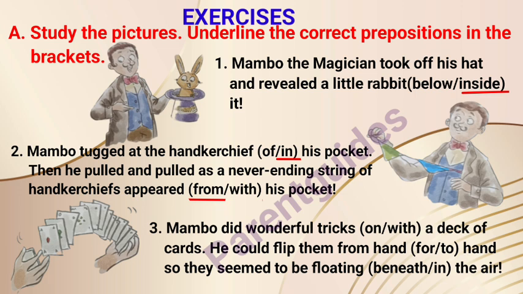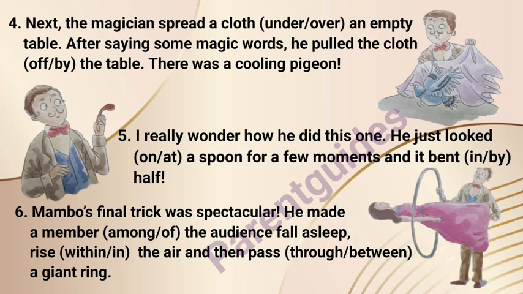3. Mambo did wonderful tricks with a deck of cards. He could flip them from hand to hand so they seemed to be floating in the air. 4. Next, the magician spread a cloth over an empty table. After saying some magic words, he pulled the cloth off the table.